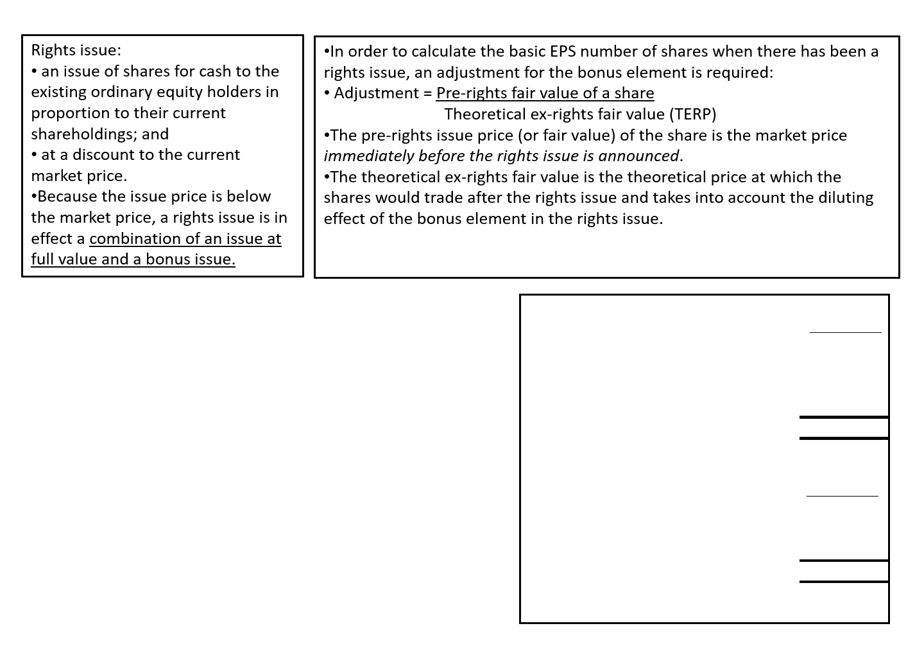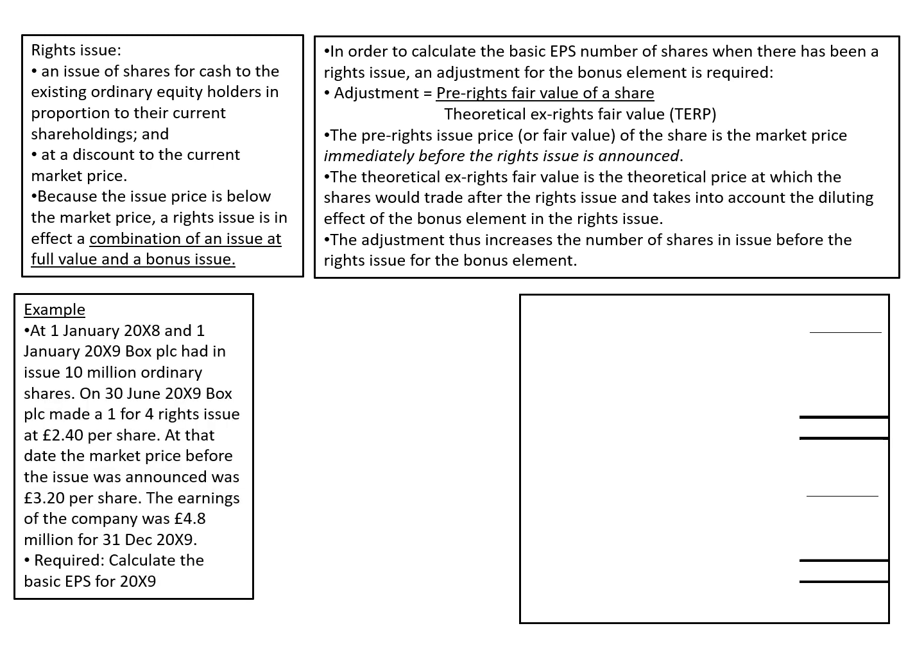The theoretical ex-rights fair value is the theoretical price at which the shares would trade after the rights issue and takes into account the diluting effects of the bonus element in the rights issue. This adjustment thus increases the number of shares in issue before the rights issue for the bonus element.